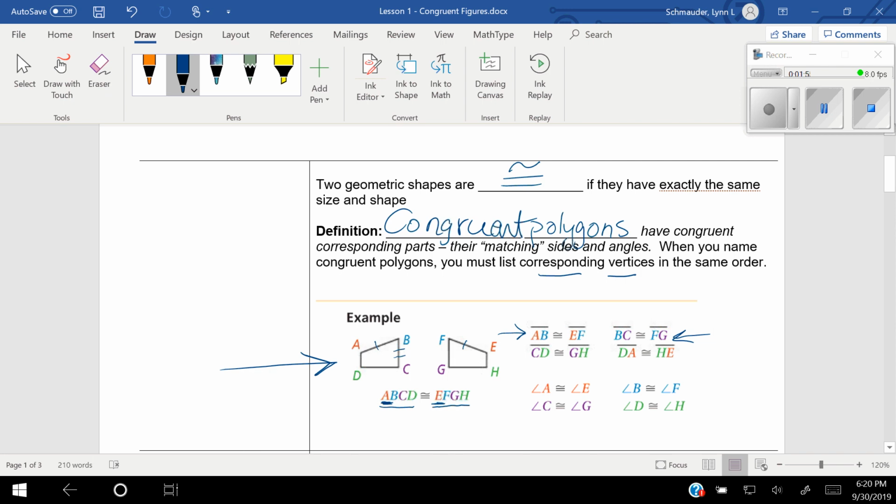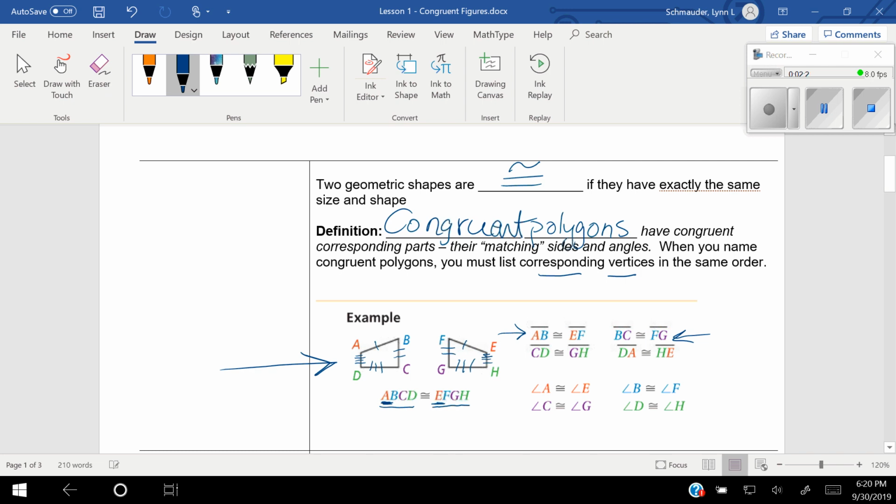Like AB isn't congruent to BC, so we got to give a different marking to every set of congruent sides. So BC is congruent to FG, CD, put 3 marks on that one, is congruent to GH, and DA, I have to put 4 on that one. DA is congruent to HE.